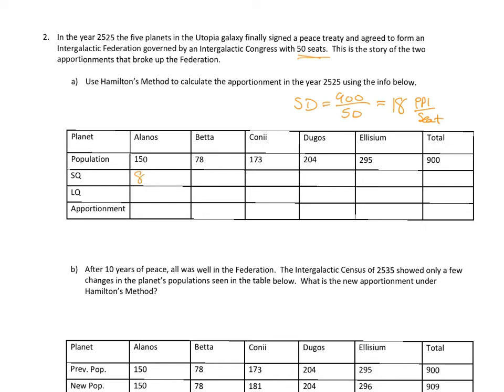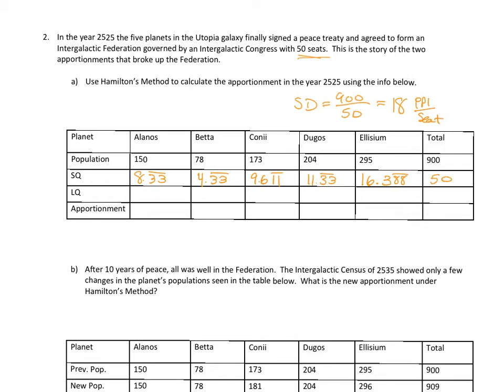All right, so I get 8.33, 4.33, 9.611, 11.33, 16.388, and that should add up to exactly 50.